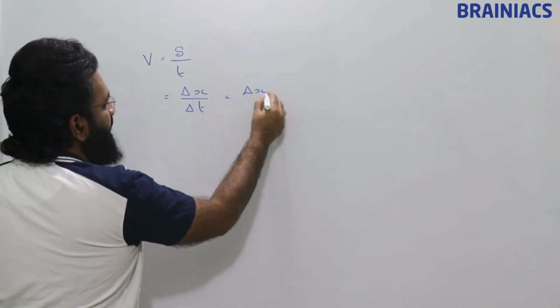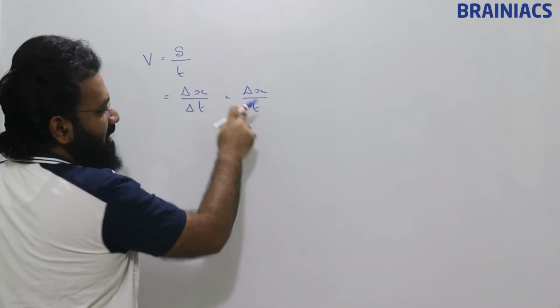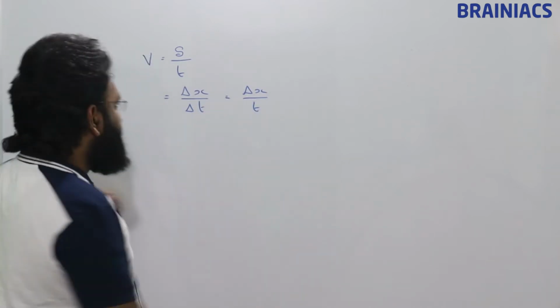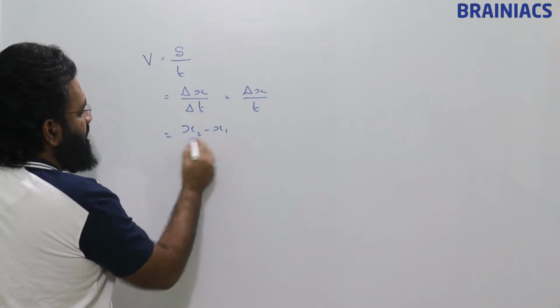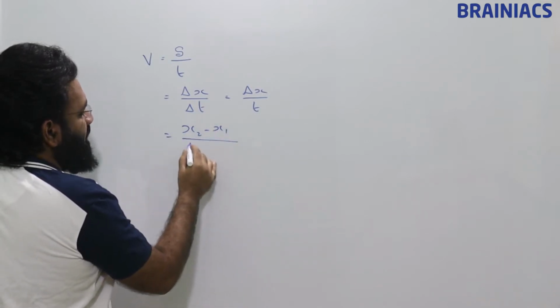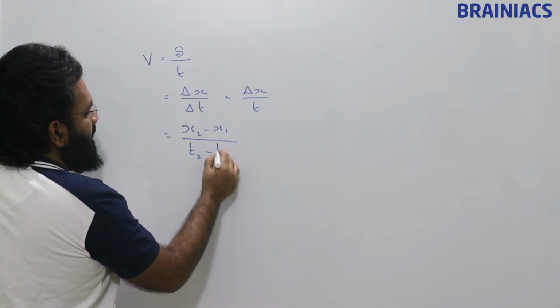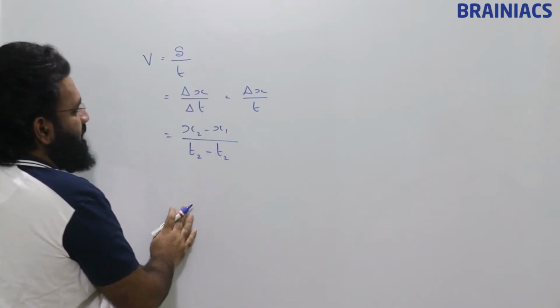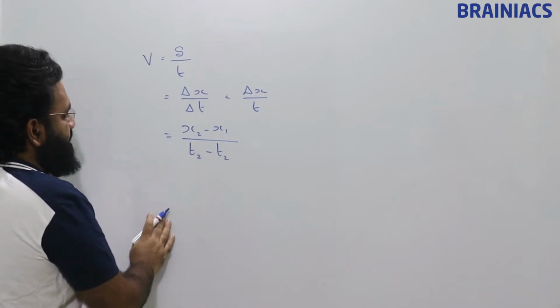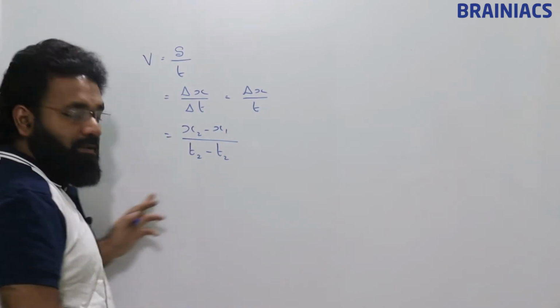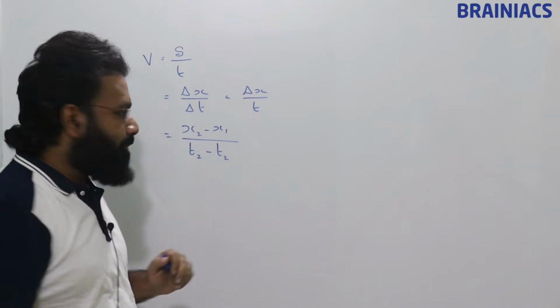This can be written like this also: initial position minus final position, I mean final position minus initial position, divided by final time minus initial time. Any formula of our choice is fine. Okay, so this is the formula for velocity.